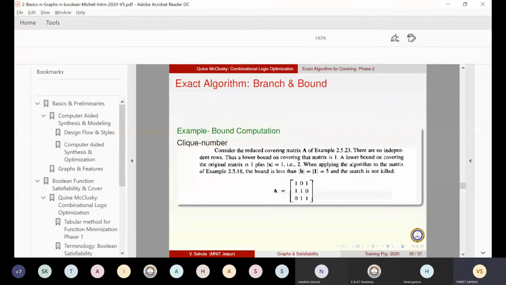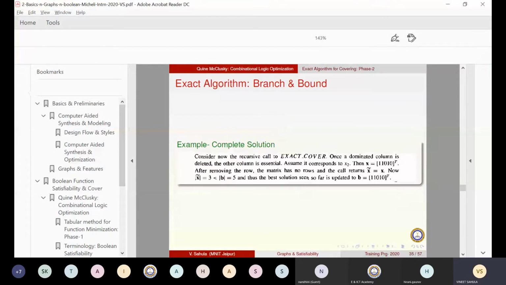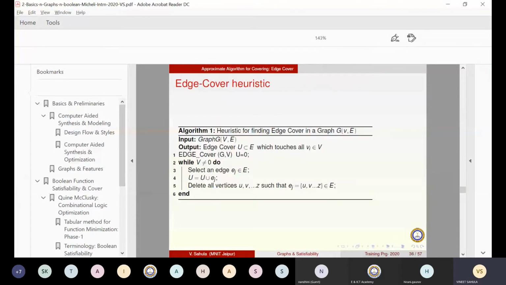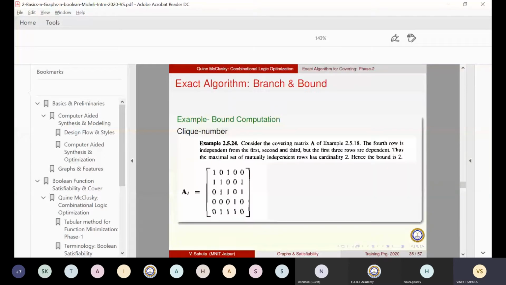So you can do that example further. This is all the same repetition. Okay. So this was the exact one. Exact means we have to decide on every column. Now we come down and see that n is large. 100. The number of inputs for a function is large, 100.